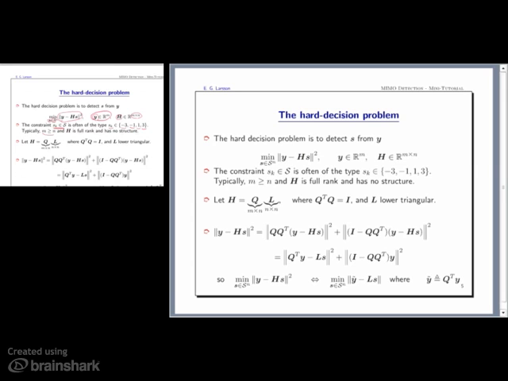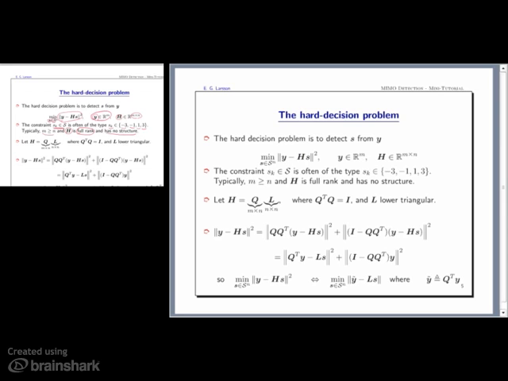And also typically, and that's an assumption we're going to make here, the matrix H is full rank, so it has full column rank, and it has no particular structure. If H had structure, for example, if H were Toeplitz or block Toeplitz or something like that, then there are different classes of algorithms that I'm not going to touch here in this lecture that could be used. So the assumption here is that H has no particular structure.